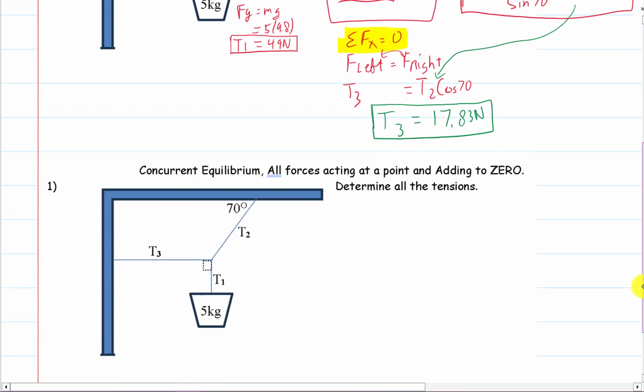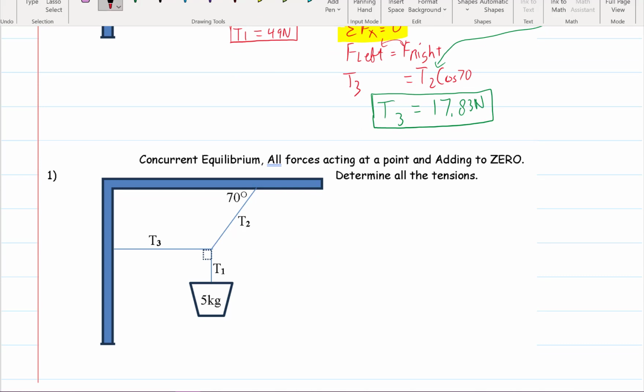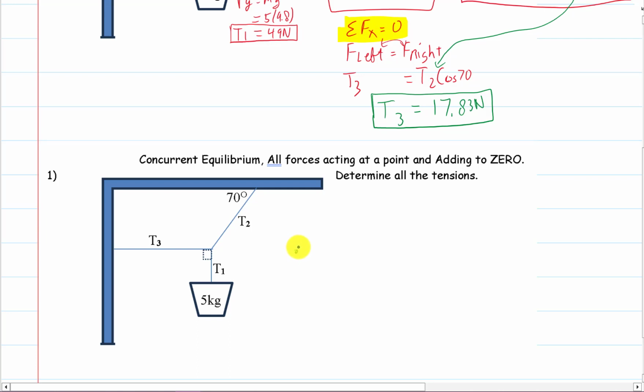Now we end up drawing a two-dimensional triangle and use sine law, cosine law, or just trig if it happens to be a right angle triangle. So first of all, we have to accurately draw a free body diagram of the forces acting on the knot. We have T2, we have T1, and we have T3.